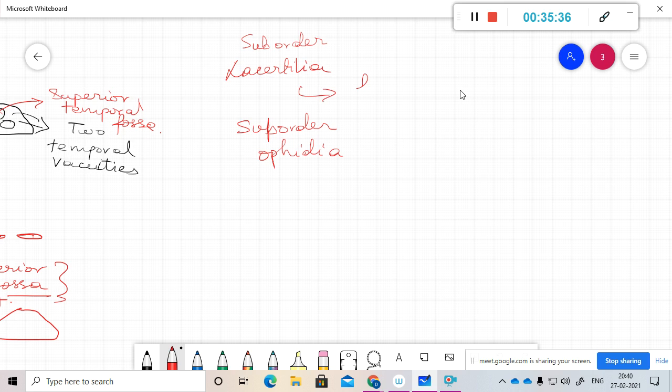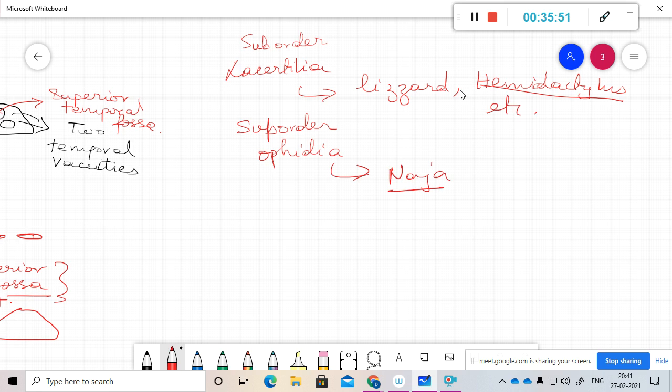These are the lizards, chameleons, or your Hemidactylus. Ophidians are the snakes like Naja, etc. Lots of snakes are there. So you don't have to read too much about them.